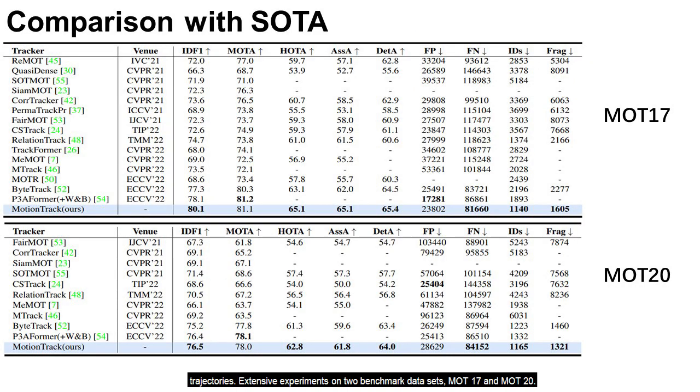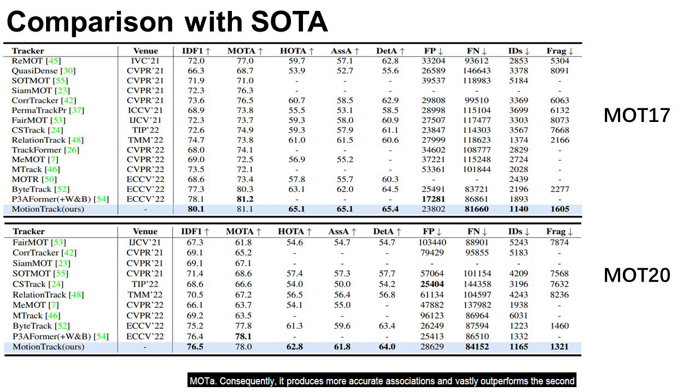Extensive experiments on two benchmark datasets, MOT-17 and MOT-20, demonstrate that our proposed MotionTrack outperforms the previous state-of-the-art methods. Our MotionTrack outperforms the state-of-the-art methods in most key metrics, that is, it ranks first for metrics IDF1, HOTA, AssA, DetA, IDs, Frag, and ranks second for MOTA.